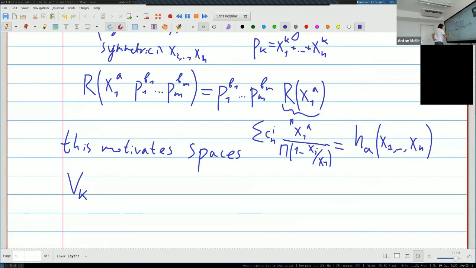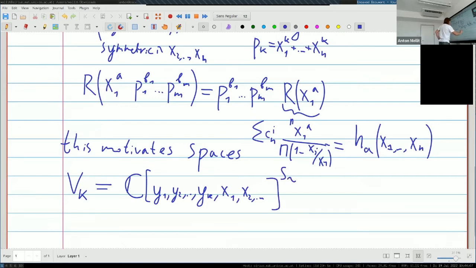So one definition would be to say that VK is a space of functions in variables y1, y2, up to yk, and then x1, x2, and the sequence is infinite, and then we'll consider only those functions which are symmetric in the x variables.